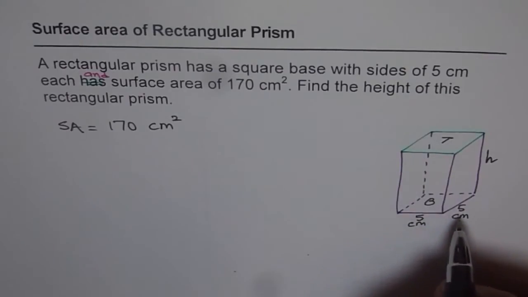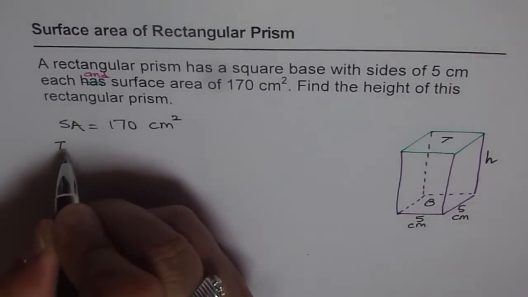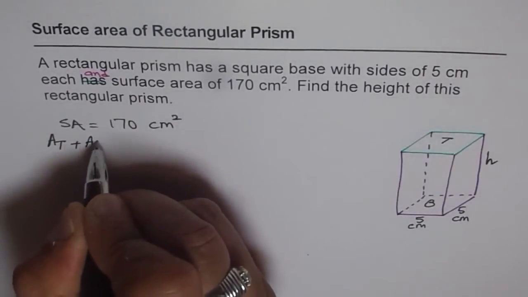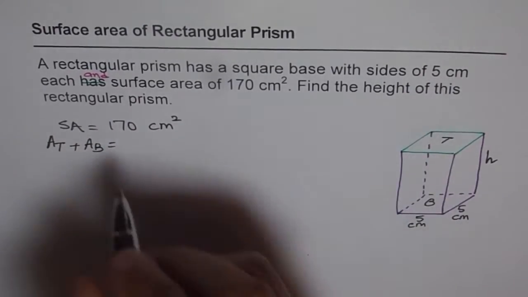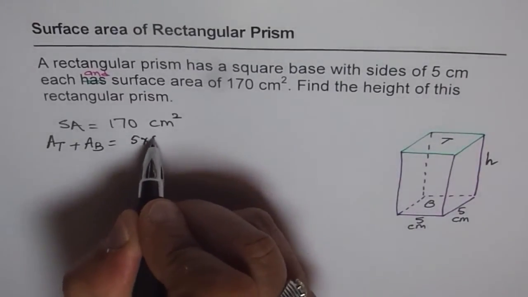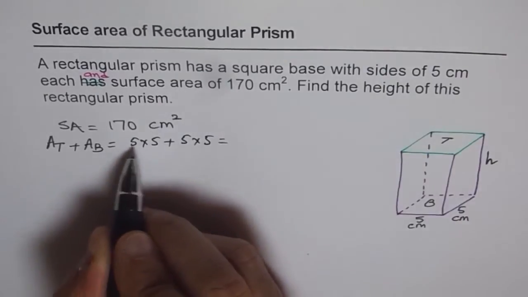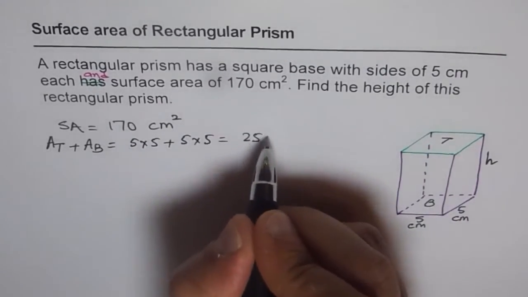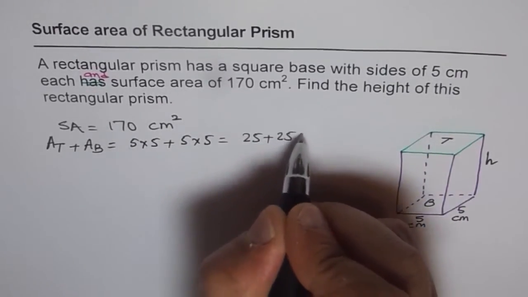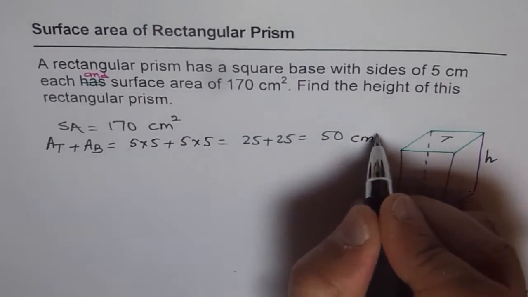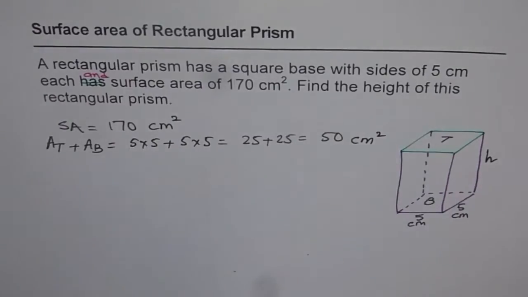So area of top plus area of bottom is 5 times 5 plus 5 times 5, correct? That is 25 plus 25, and that gives us 50, and the units are of course centimeter square. So we got these two sides.